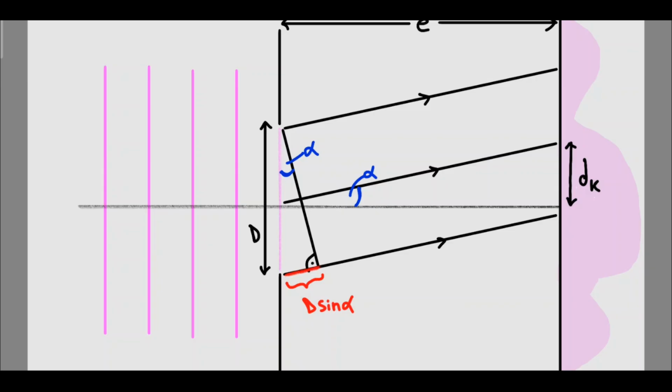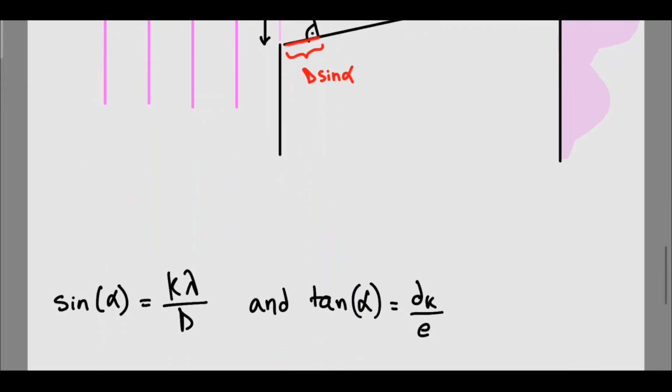So if we say that the distance from the central fringe to this point is dk, with k standing for the kth minimum, and we take only the minimum, I'll also write it down here so that it stays.